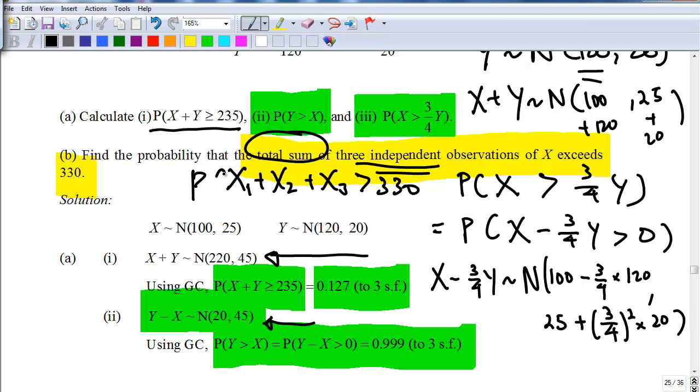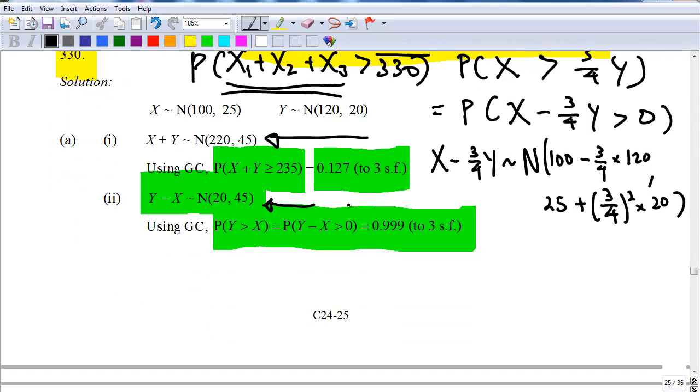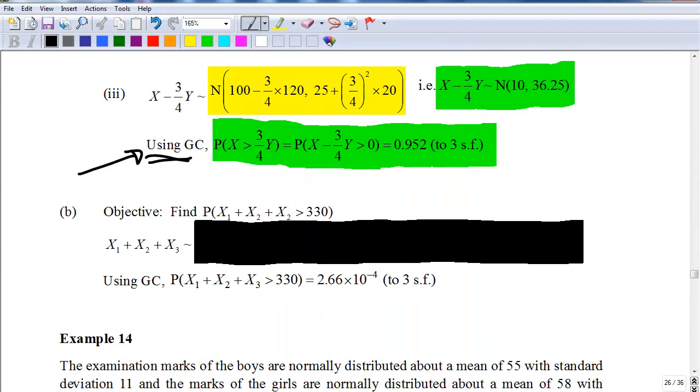And they want you to find the probability of this happening. So what do I do? Again, it's the same thing. You work out the distribution for your X1 plus X2 plus X3 and then just use your GC. Alright? So let's look at how I will do this.